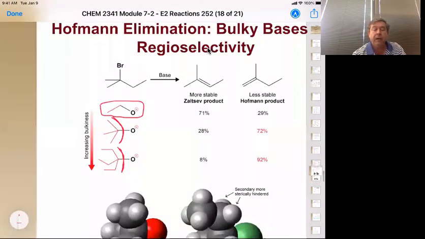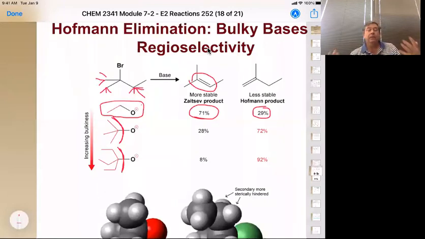When we have a small base, we can remove the protons from here as our major product. If we remove protons from there as our major product, we get the Zaitsev's more substituted product here. Okay, and we still get some of the other ones because statistically we have 6 hydrogens over here. We only have 2 hydrogens over here. But we're going to get some, but it's mostly going to be the more stable product.